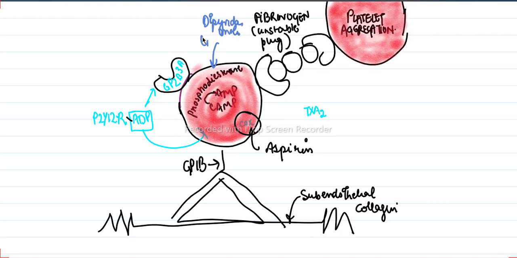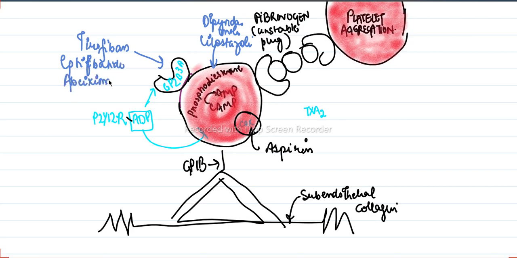Next we said GP2B3A inhibitors, which are tirofiban, eptifibatide and abciximab, the mab.